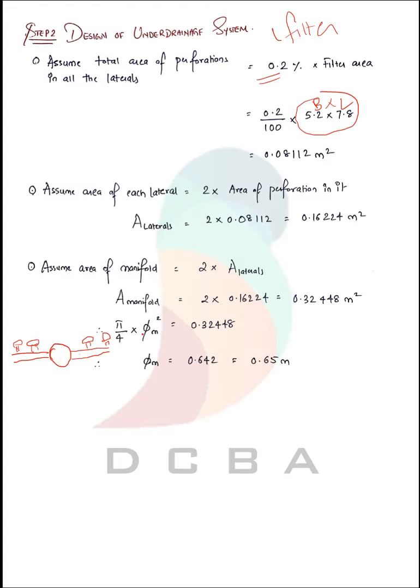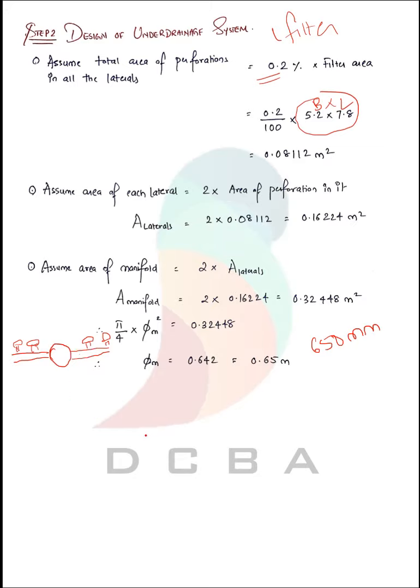So we need to find the diameter of the central manifold, which is just equating the area of a circle to this area that we have got. So you get the diameter to be 0.642, we'll just round it up to 0.65 meters. So 650 mm is the diameter of your central manifold which is required.